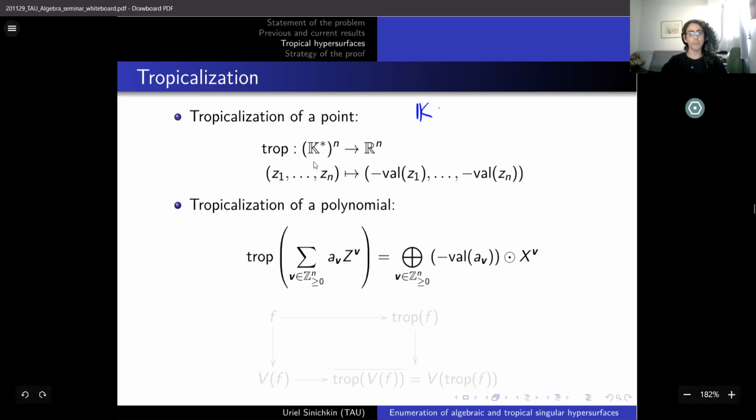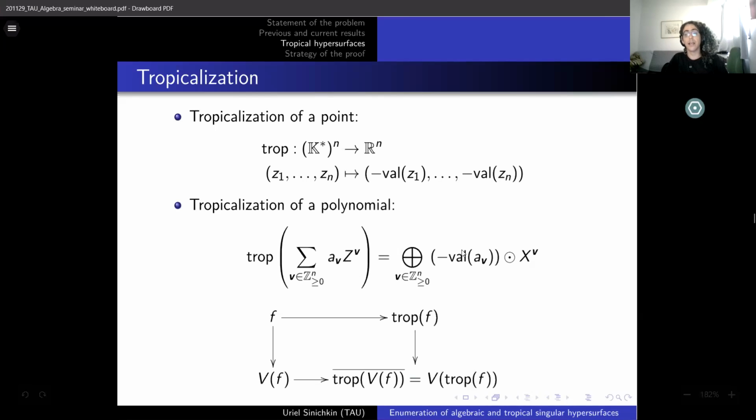For such a point, I can apply the minus valuation to all the coordinates and get a point in R^n. I can also tropicalize a polynomial: I take some classical polynomial and apply the minus valuation to all of its coefficients. There is a theorem in tropical geometry called the Kapranov theorem, which is the particular case of the fundamental theorem of tropical geometry.